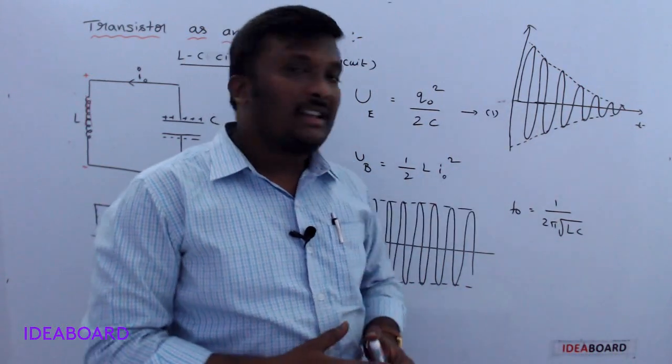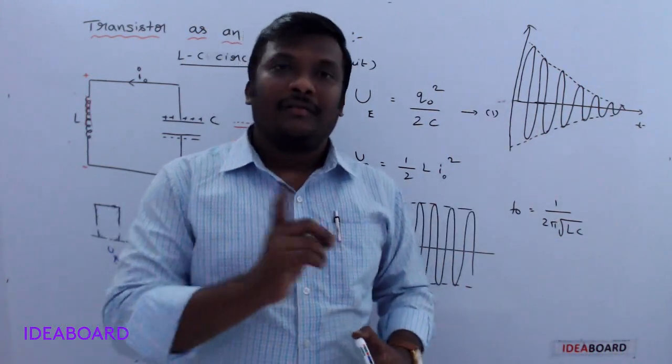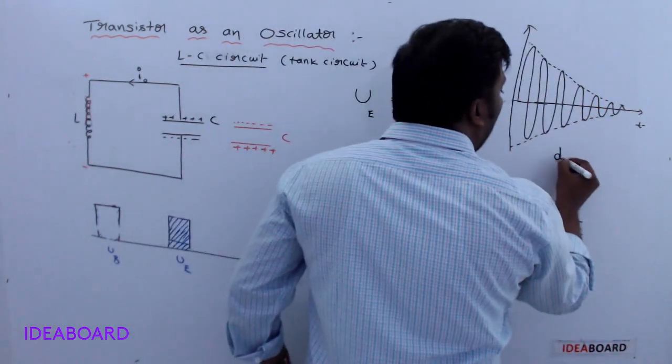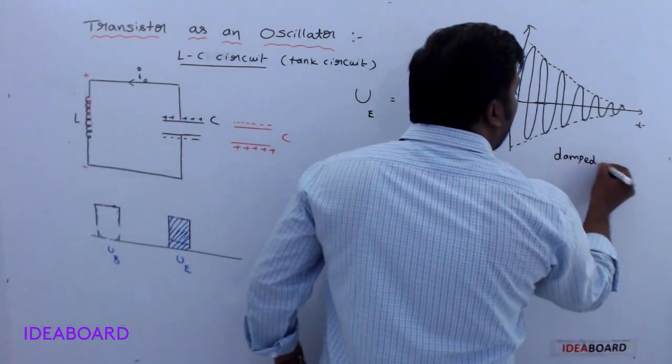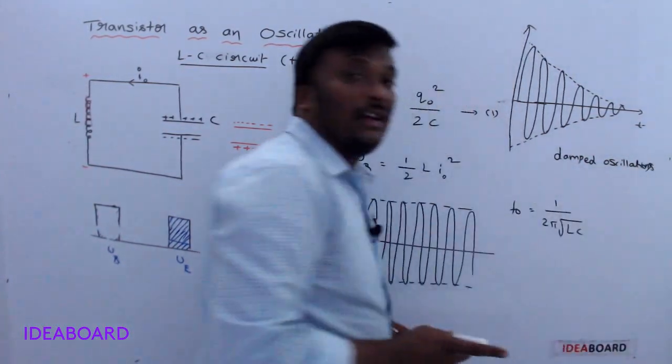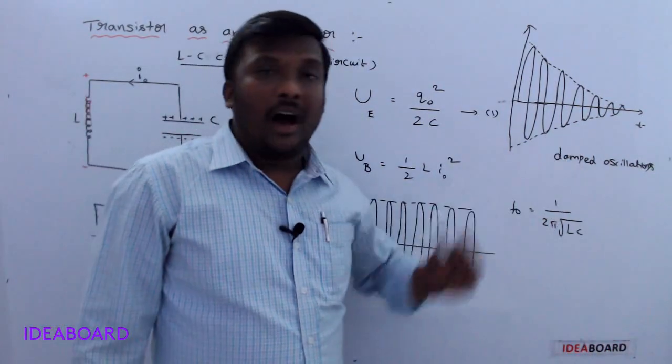This type of oscillation we observed in the first year oscillations chapter. These oscillations are called damped oscillations.